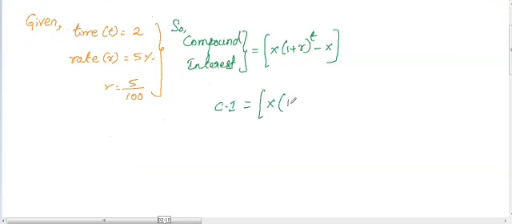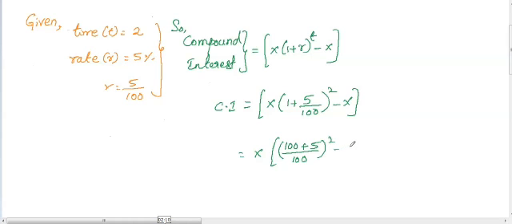So compound interest CI equals x into (1 plus 5 by 100), here t is 2, so whole square, minus x. So we'll get (100 plus 5) divided by 100 whole square minus x.